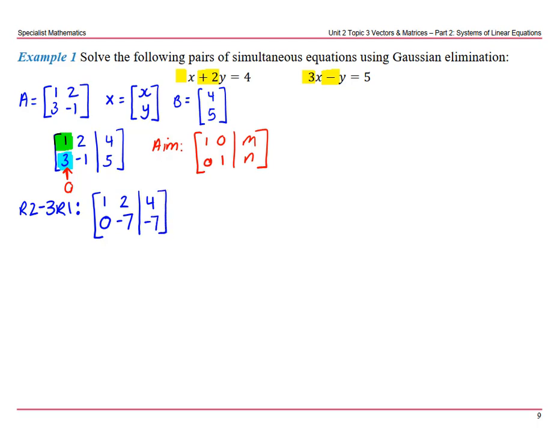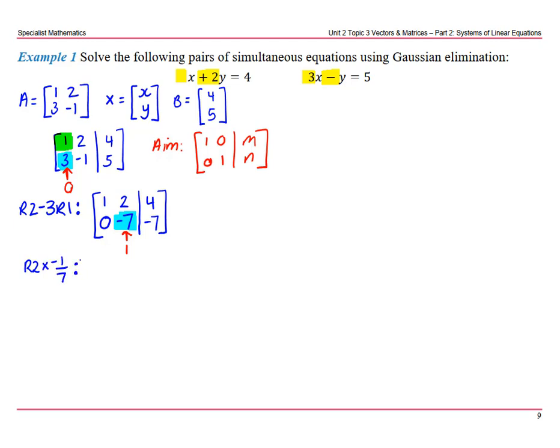Okay, now we're going to look at this -7 and we want to make it 1. So we go, what can we do with our rows to make that there to be 1? The easiest option is to just times it by -1 over 7.